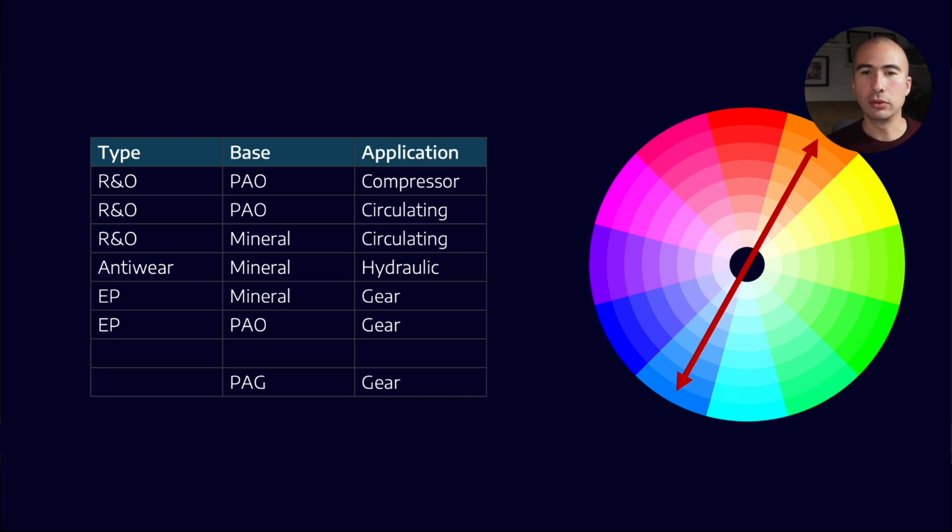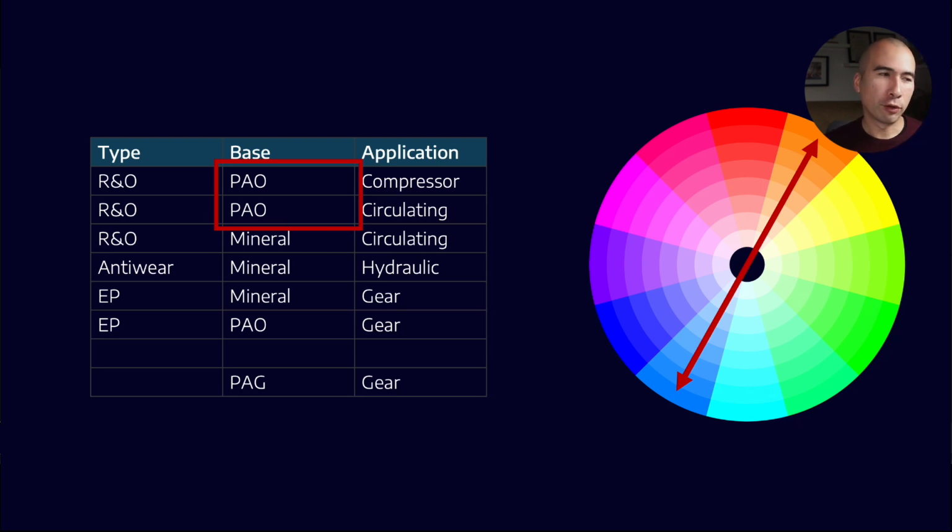For the base oil, we're going to start with the PAO. So for example, now what we can see is that each line item is kind of next to each other, for want of a better word. So the top two are both RNO PAO oils, but they're used in different applications.